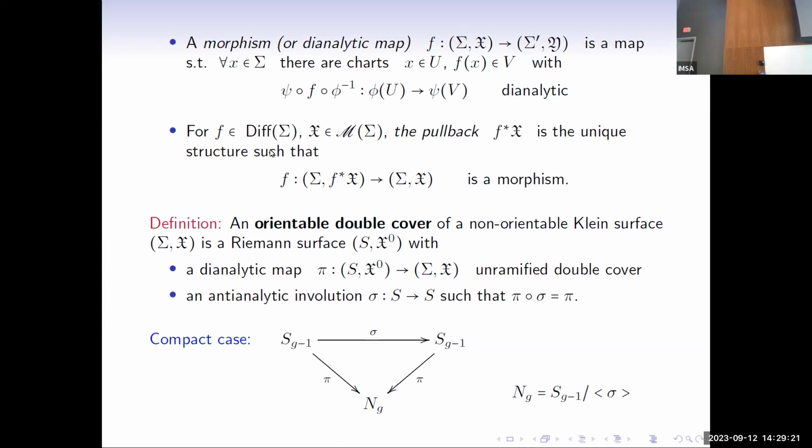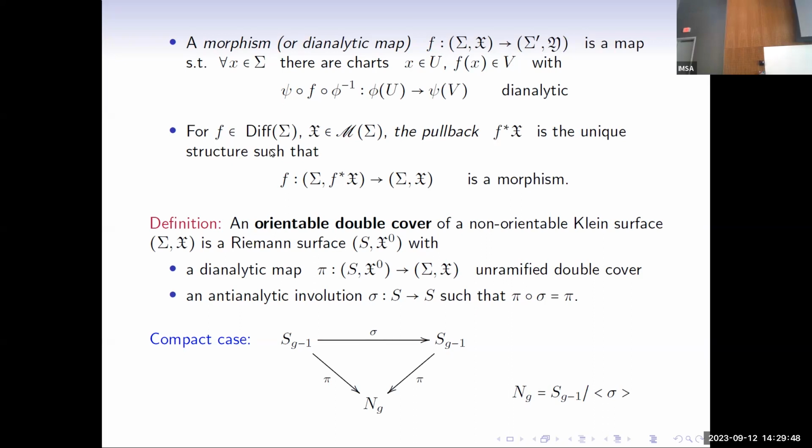So in this setting, if you have a Klein surface, an orientable double cover for it is going to be a Riemann surface, together with the unramified double cover and an involution of the orientable surface which is anti-analytic, so that this diagram commutes.